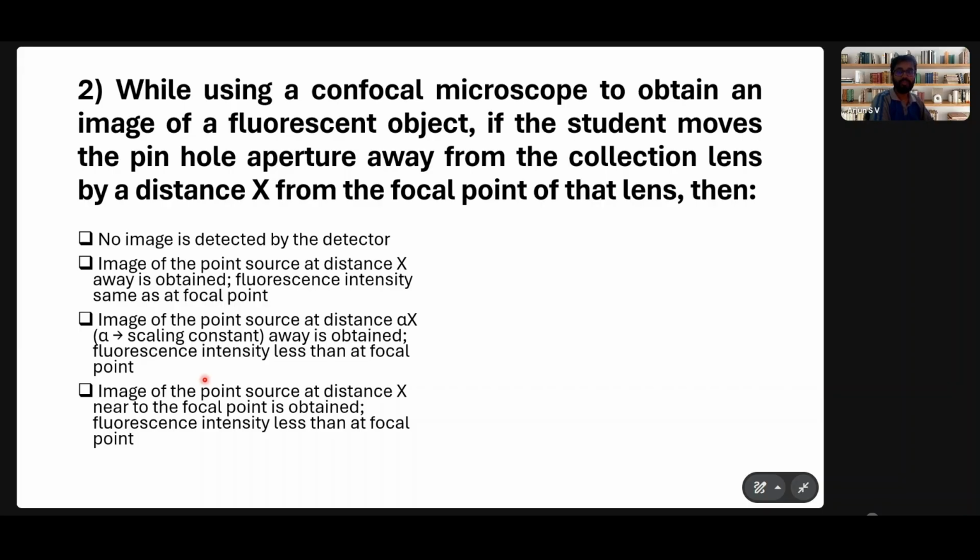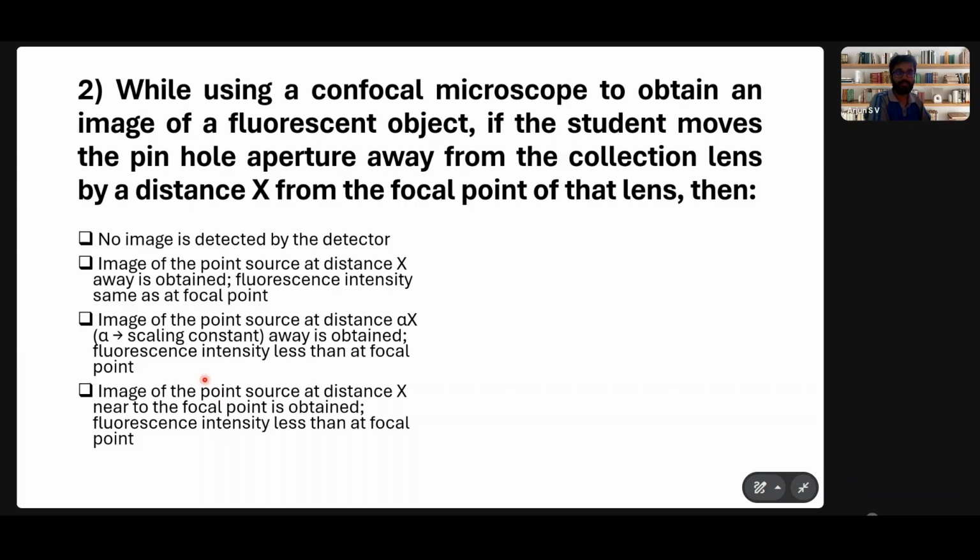Question number 2. While using a confocal microscope to obtain an image of a fluorescent object, if the student moves the pinhole aperture away from the correction lens by distance x from the focal point of the lens, then what happens? So basically, the pinhole aperture is moved away from the correction lens by a distance x.